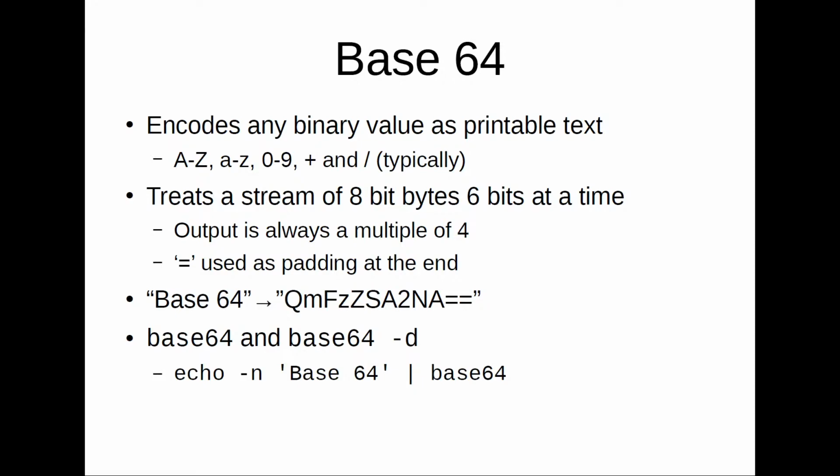And if it wouldn't be a multiple of 4, then an equals sign is normally used at the end for padding. It basically just means there's nothing here. So if you see an equals sign, it's a pretty good chance that it's base 64.